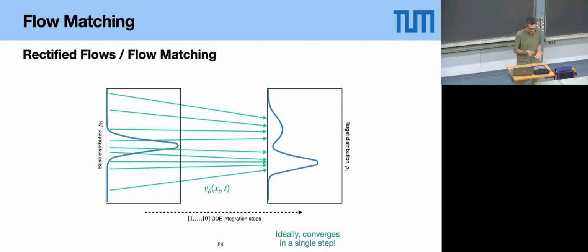If this works, it's tricky to really make that work, but at least by adding these constraints, you can significantly reduce the number of steps. Then we could theoretically map from the source towards the target in a single step, because the direction would not change. It would not help to make more steps along the way, because the direction would be constant.